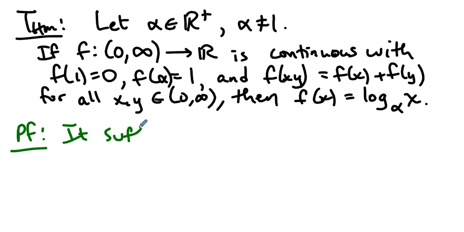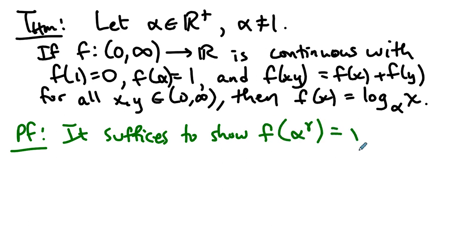It will suffice to show that f of alpha to the gamma is gamma for all gamma. If we can show that, then this will all happen and it will be a log function, right?